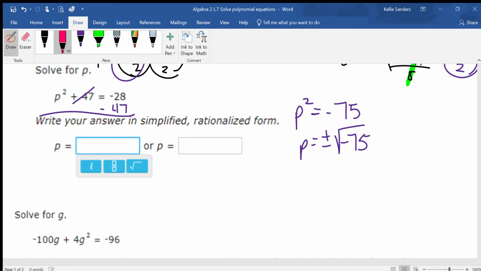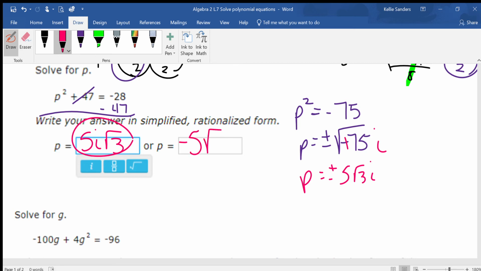If you have a negative inside the square root, we're going to turn it into an I. And then if you put square root of 75 in the calculator, you would get 5 square root of 3 and then an I. So you can put 5I square root of 3, negative 5 square root of 3I, because remember the I can go into the back, so the I can go to the front.